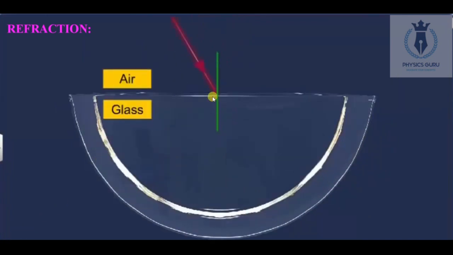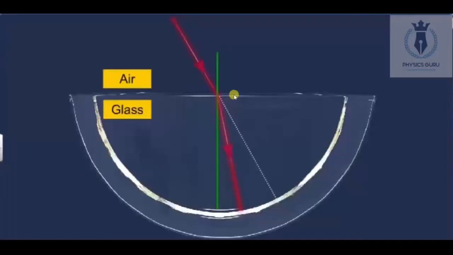When a light ray is incident obliquely, which means the angle of incidence is neither 0 nor 90, in other words, the incident ray is neither parallel to the interface nor perpendicular to it, then when it travels from one medium to another medium, its direction of propagation changes. This change in direction of propagation is called refraction.